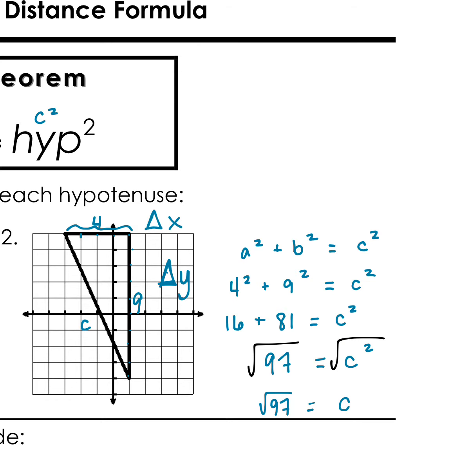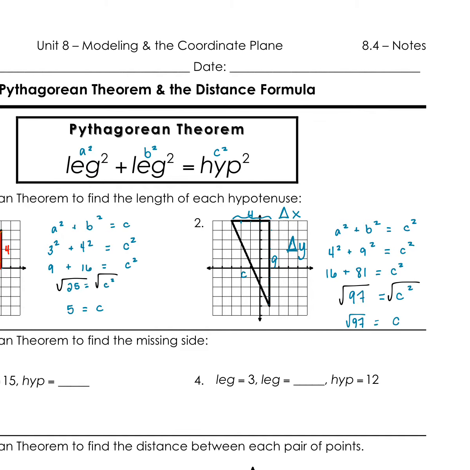So let's just pop it up here. If we're just speaking right out of the box, we've got change of x, and then we know that number squared, and then change of y, and that number squared, and then over here we were able to get our hypotenuse.